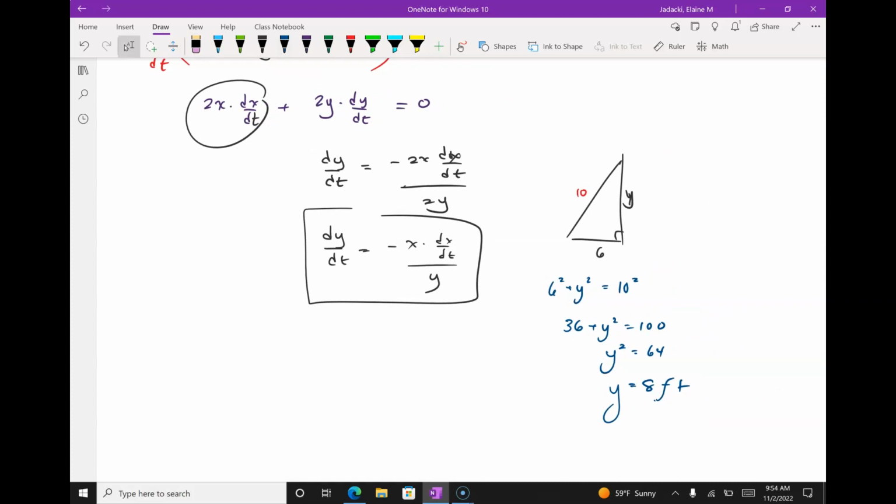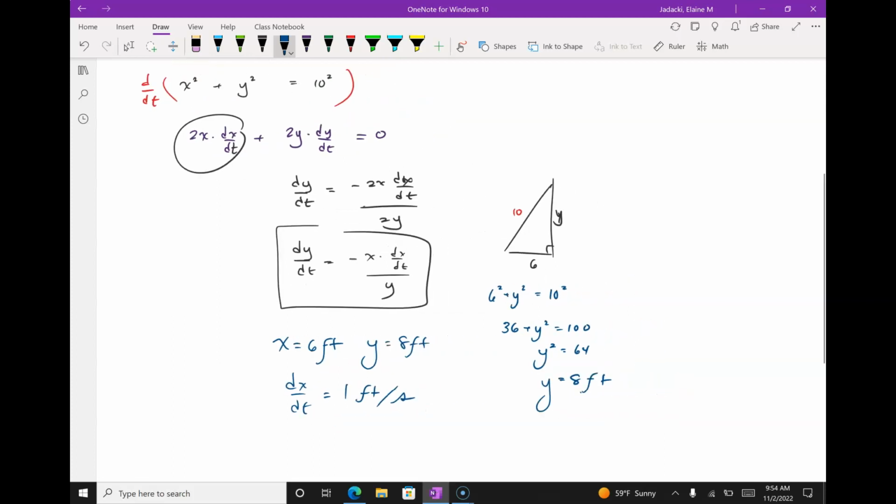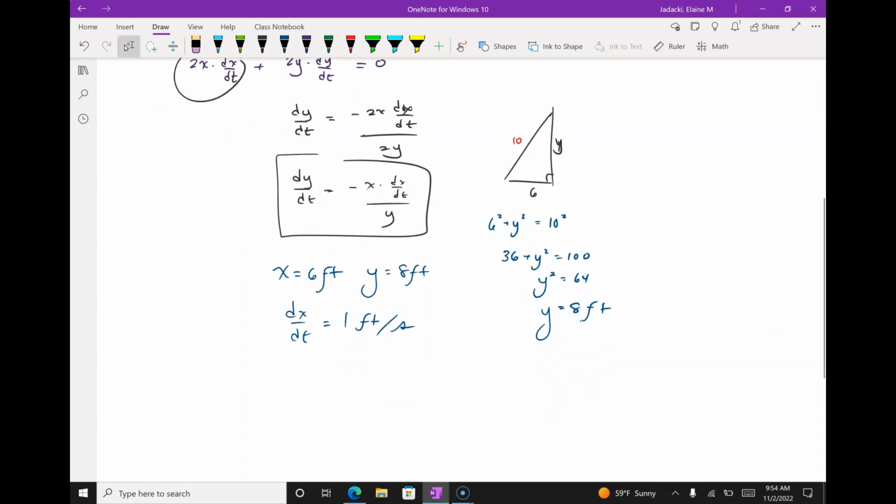And again, after I do my math, I put my units back in. Right? So I know x is 6 feet. I know y is 8 feet. I know dx dt is 1 foot per second. And I plug in.